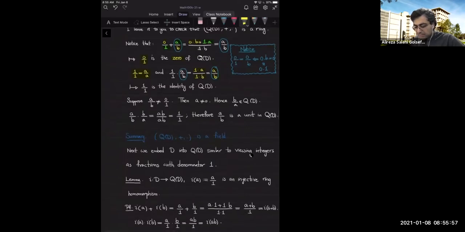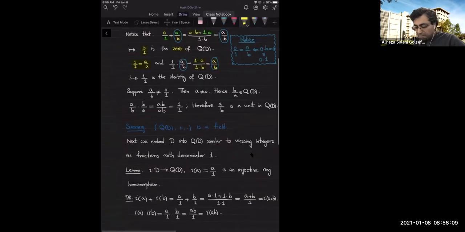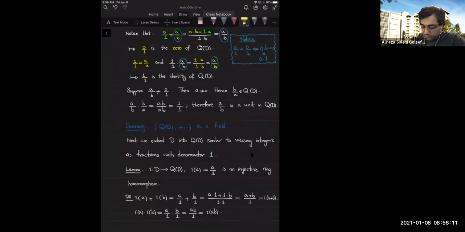But let's see why it is actually a field. What does that mean? This means I have to take a non-zero fraction, and I have to show that it's a unit. So I pick a non-zero fraction. So let's call it a over b. And it's non-zero, which means it's not the same as the fraction 0 over 1.